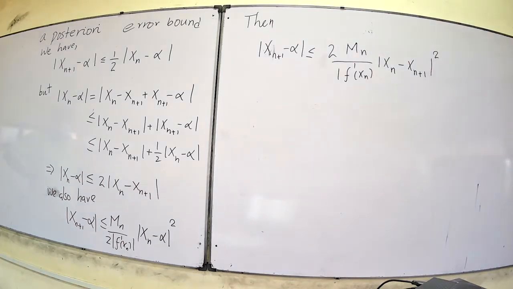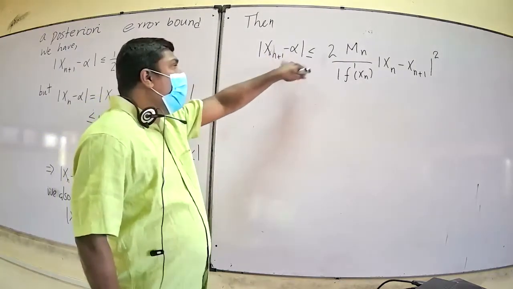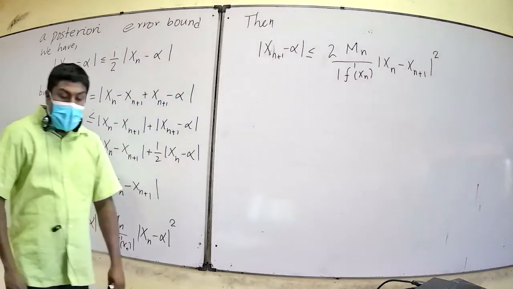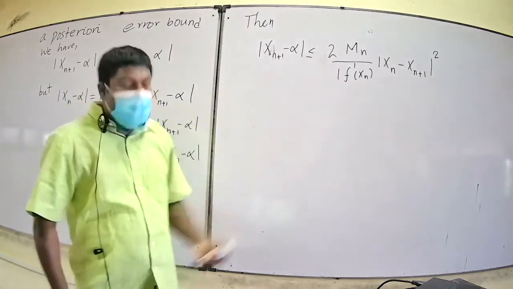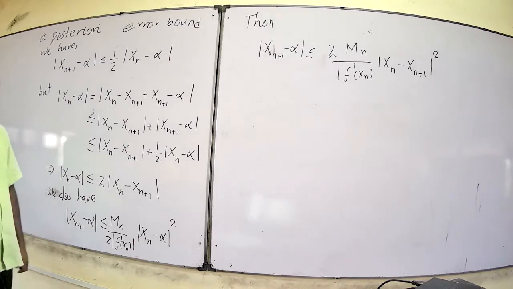Right. So this is now an error bound, because when you approximate alpha by xn plus 1, you can always figure out the value.